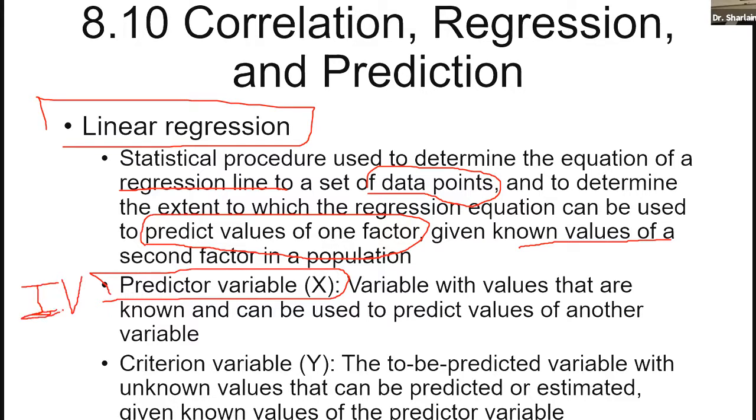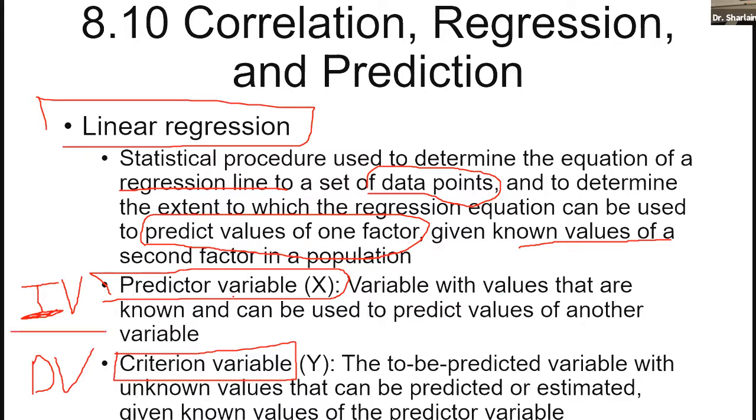So not necessarily for this specific instance, but we also refer to the predictor variable as independent. And notice that we also have a criterion variable. Generally, we refer to that in some instances as our dependent variable.